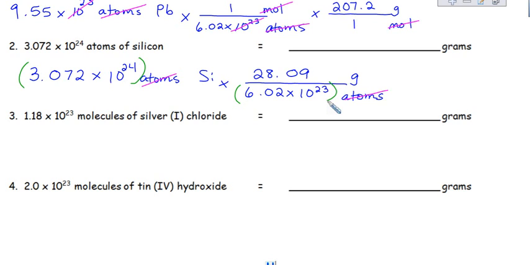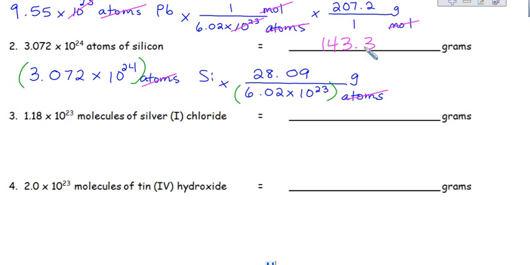Or, if you understand scientific notation, you could just say 30.72 divided by 6.02 and then multiply by the 28.09. And if I leave this as 4 sig figs, 143.3 grams. Not bad.